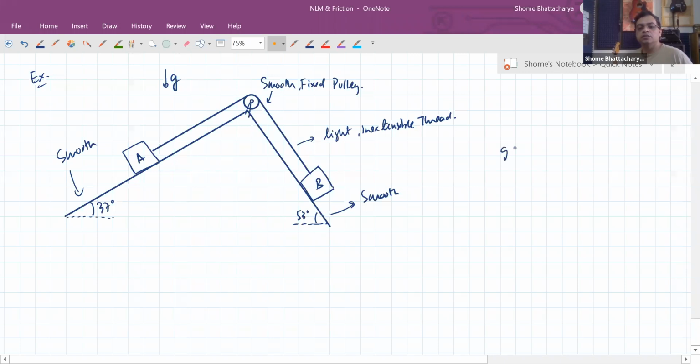So given that mass of A is, let us say, 60 kilograms. Okay.